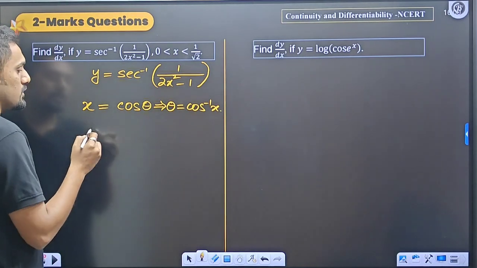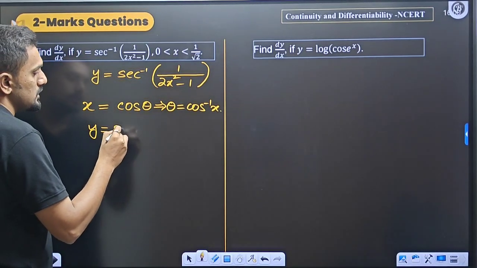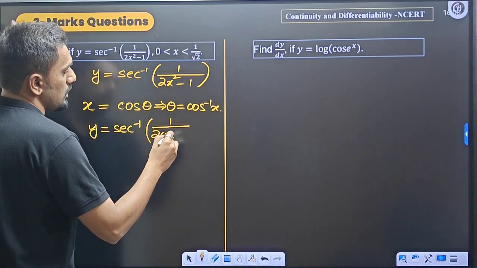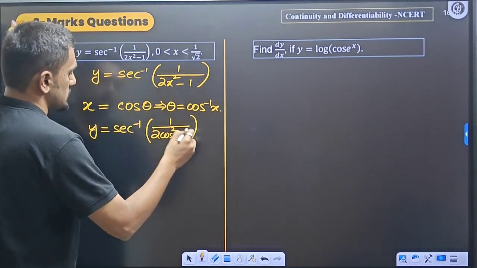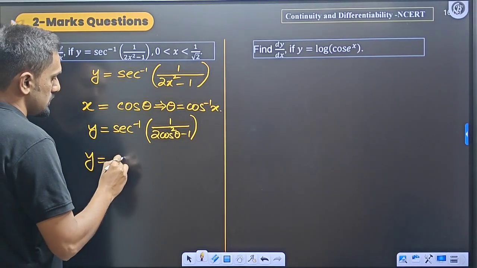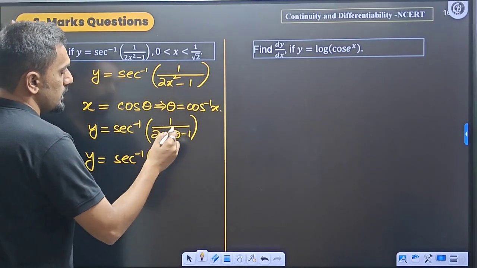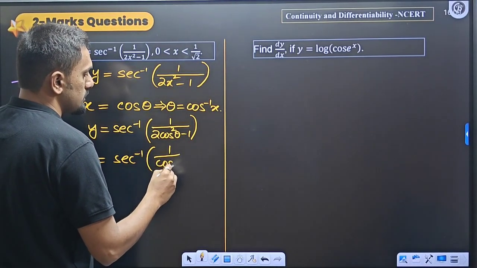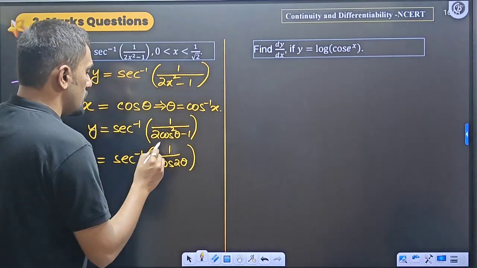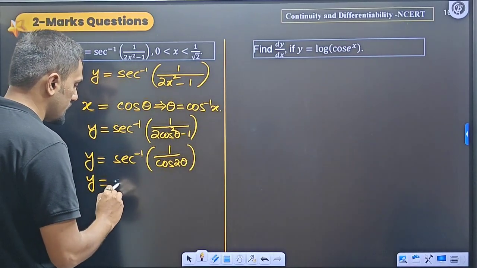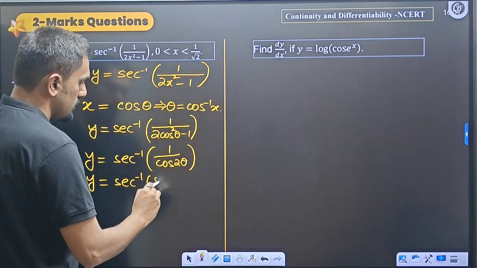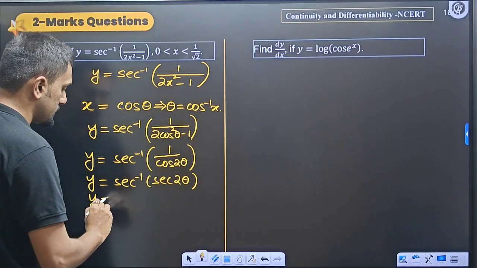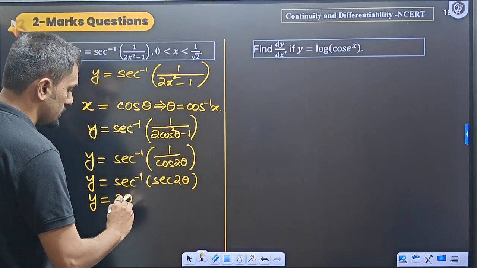Then y is equal to sec inverse of 1 divided by 2 cos square theta minus 1, and 2 cos square theta minus 1 is nothing but cos 2 theta. So 1 by cos 2 theta is nothing but sec 2 theta. Sec inverse of sec 2 theta is equal to 2 theta.